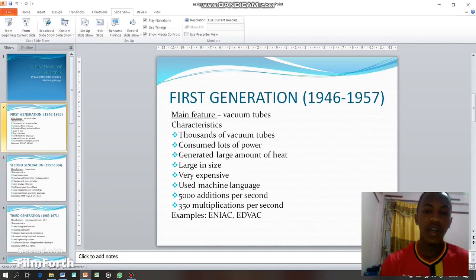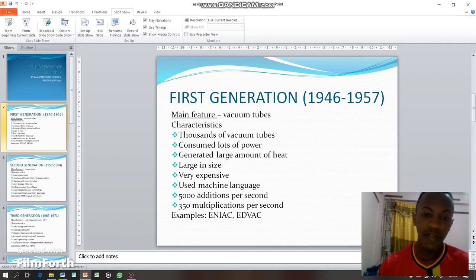The characteristics of the computers in the first generation: they had thousands of vacuum tubes, as I explained earlier. They consumed lots of power, generated a lot of heat, were very large in size, and were very expensive since they were the first computers to be made. They used machine language, so the language was machine friendly compared to user friendly.